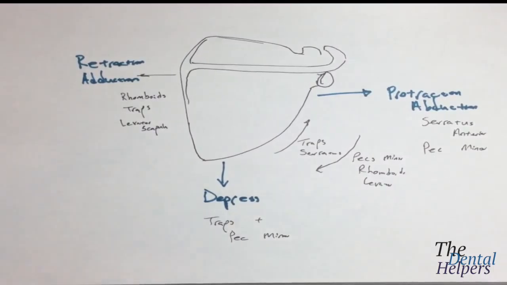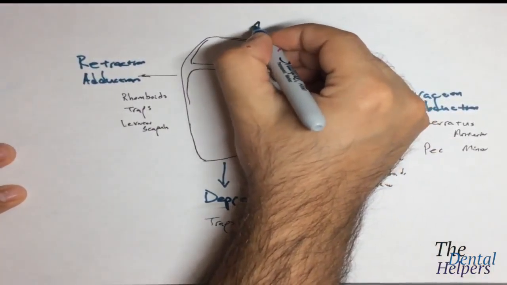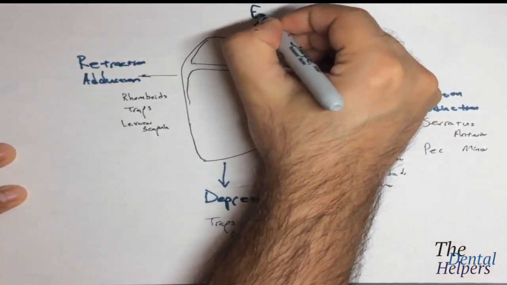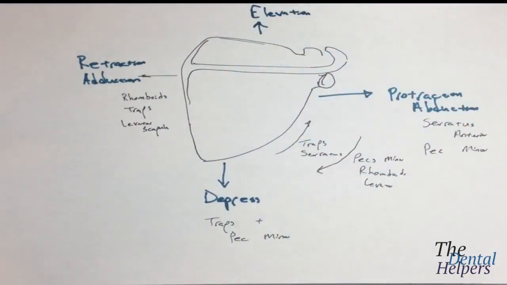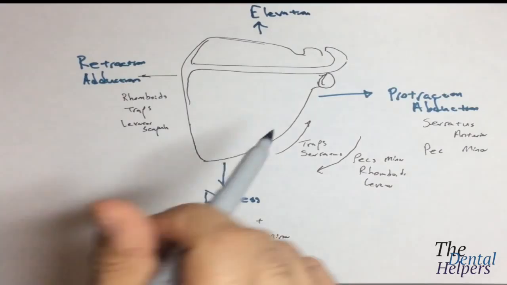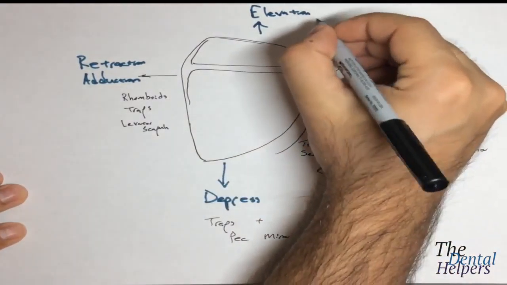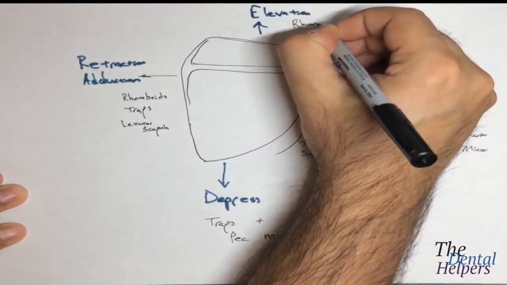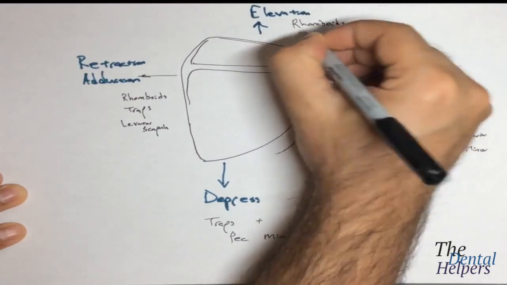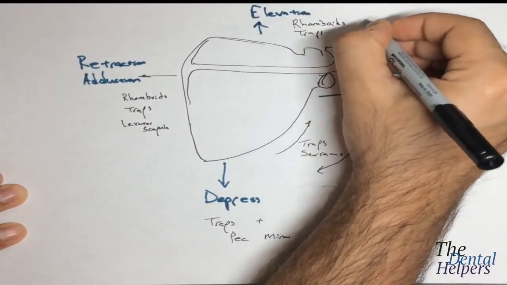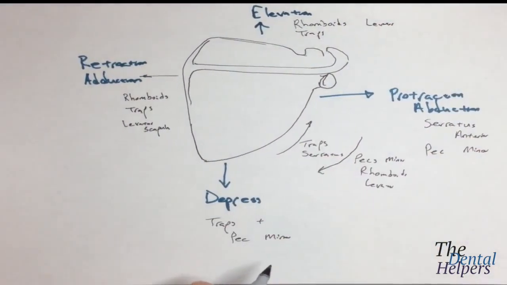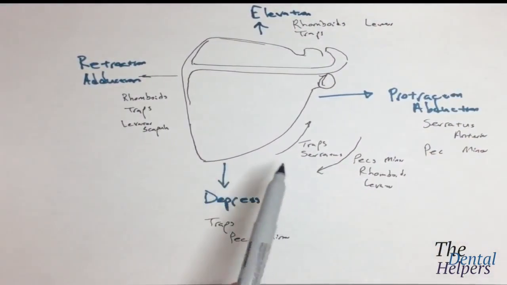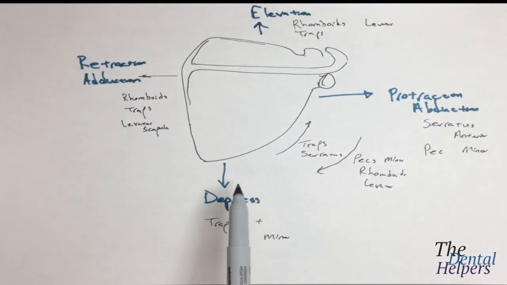And then if we're going to elevate the shoulders, or I should say the scapula, this is like if you're doing a shoulder shrug, your rhomboids are going to be involved, your traps, and your levator. So these are the main muscles that are involved in moving around your scapula.